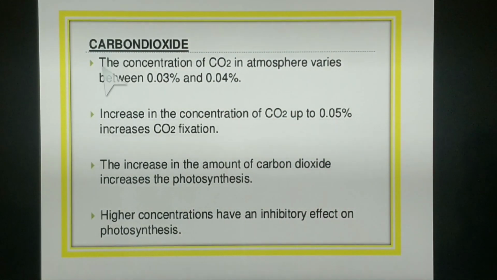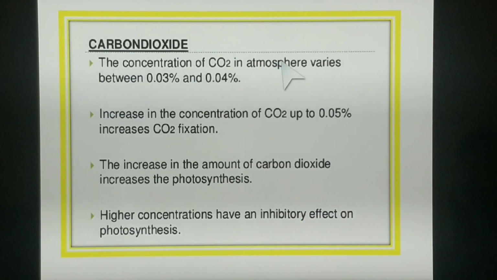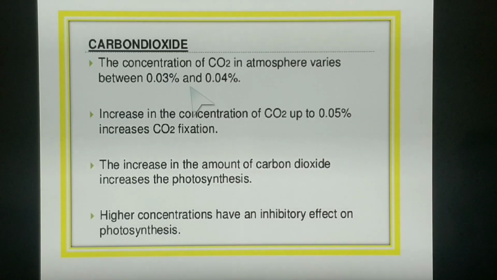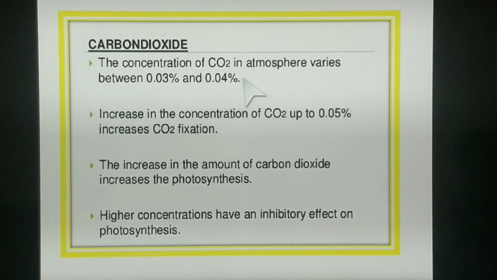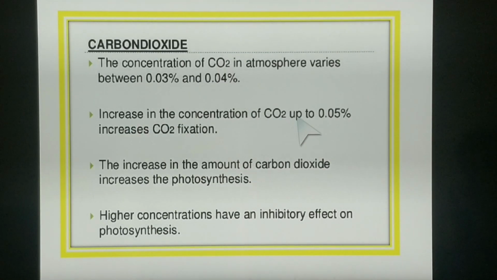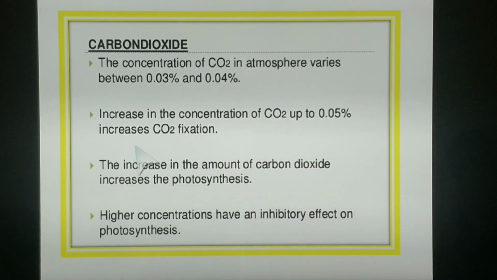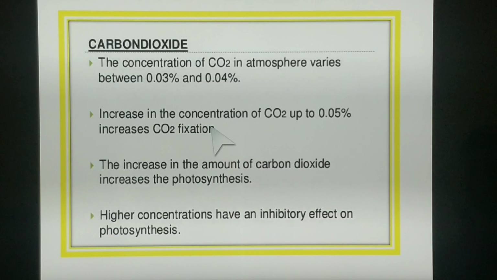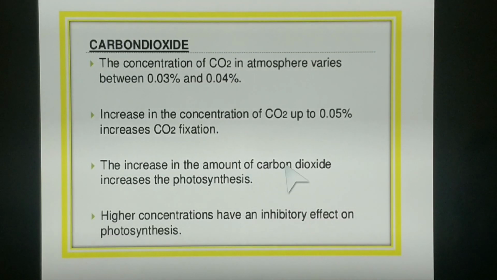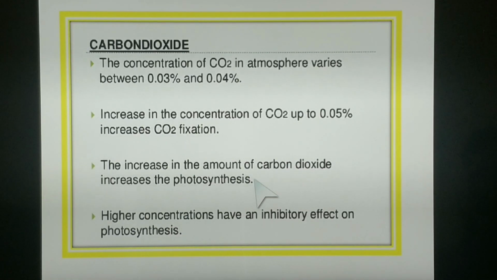So we conclude that the concentration of carbon dioxide in atmosphere varies between 0.03% and 0.04%. Increase in the concentration of carbon dioxide up to 0.05% increases carbon dioxide fixation. The increase in the amount of carbon dioxide increases the photosynthesis.